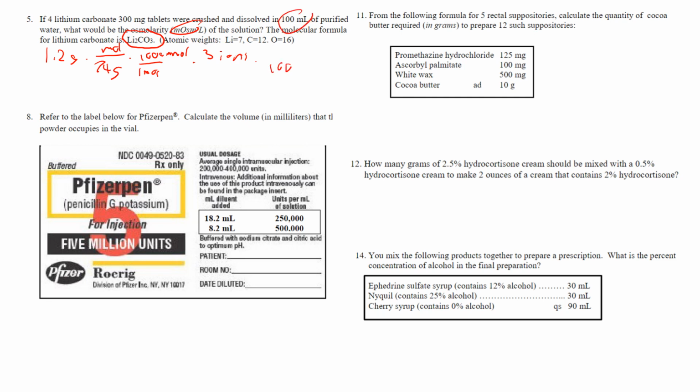So over 100 milliliters, but then times 1,000 milliliters in a liter, because our final answer is supposed to be in liters. When we do that, 1.2 divided by 74 times 1,000 times 3 divided by 100. Then times 1,000.